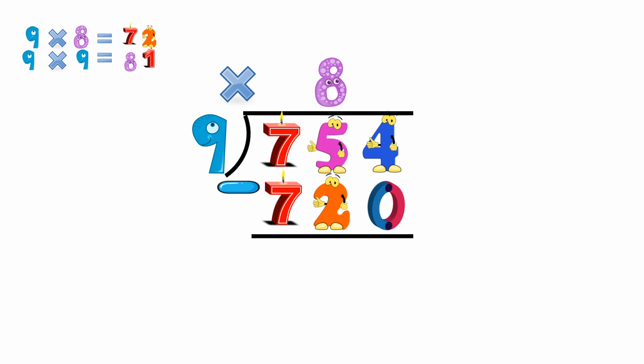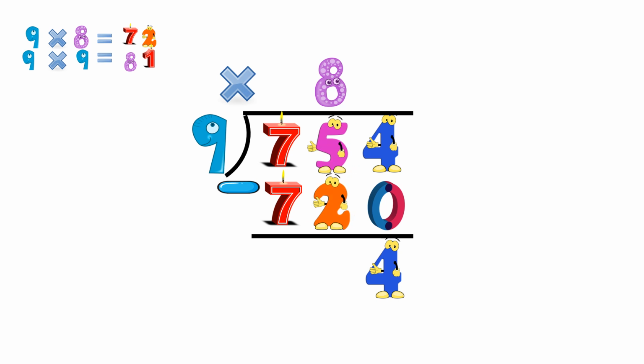And in order to subtract these two numbers, we have to start by subtracting the ones digits. And the ones digits here are 4 and 0. And 4 minus 0 is equal to 4 in the ones place. Then we subtract the tens digits. And the tens digits here are 5 and 2.